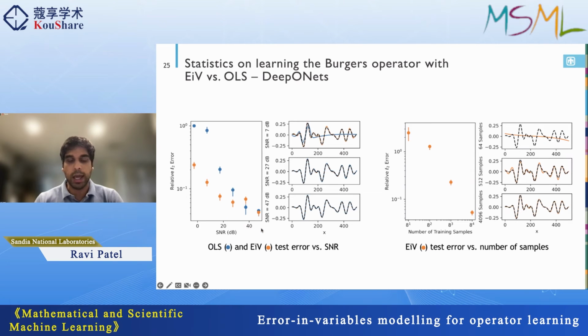And eventually, as you add more signal, they both perform roughly equivalently. And then on the right, I'm showing how the errors-in-variables model performs versus the number of samples you use. Of course, for very limited data, we're not able to recover the true operator, but as you add more data, we are able to recover the action of the true operator.